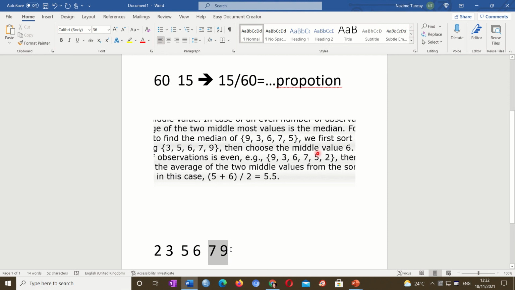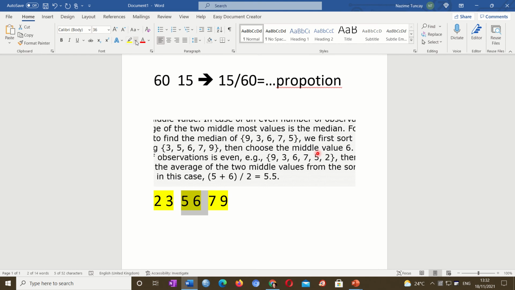Since it is even, I put them in order, take the two numbers in between, add them, divide by 2, and that's the median.